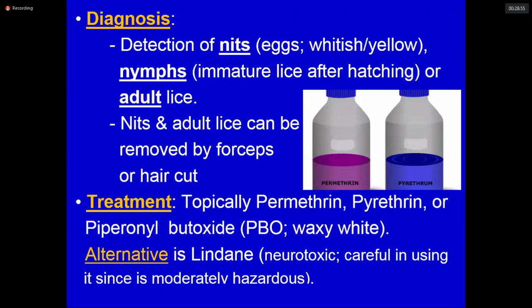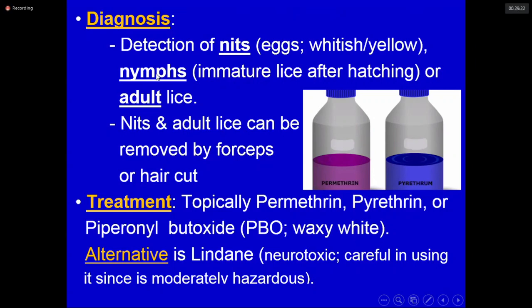Diagnosis, you detect the nits. What are the nits? Eggs of this parasite, which are whitish yellow. Some people, especially in some rural areas, know them as fine whitish granules called nits. Also it has nymph.